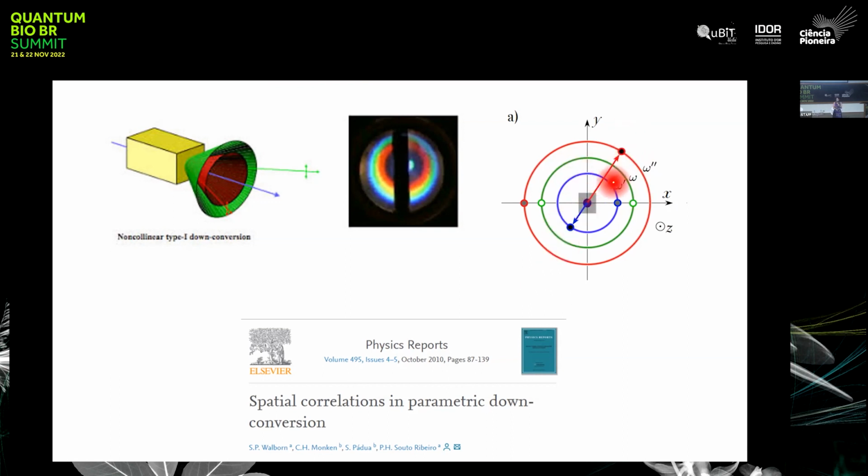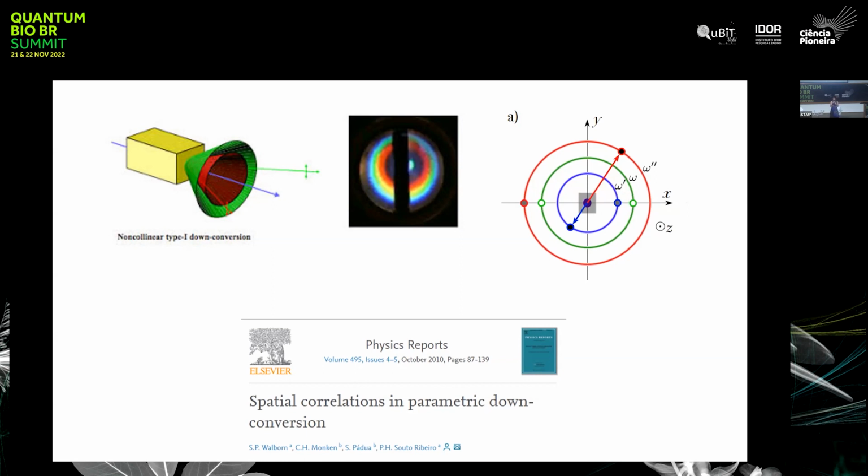But what we know is that they're always produced in opposite directions. So if I find one here, I know its twin is here, and if I find one here, I know its twin is here. So why is this cool?